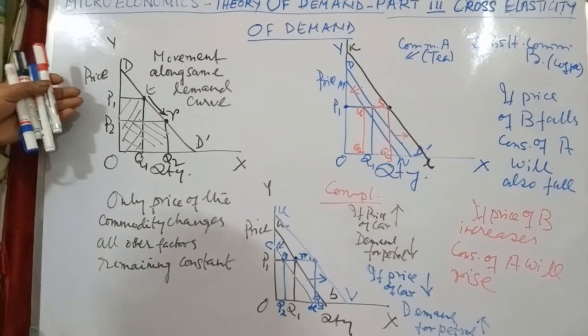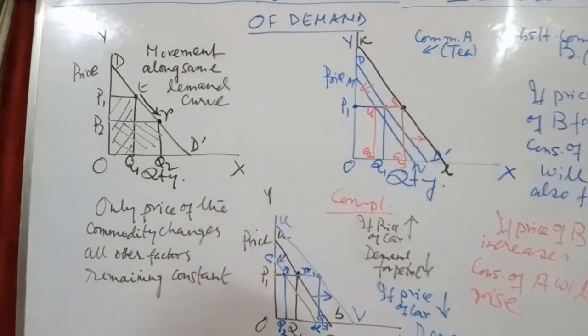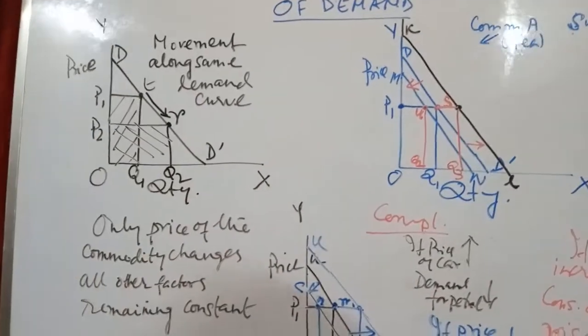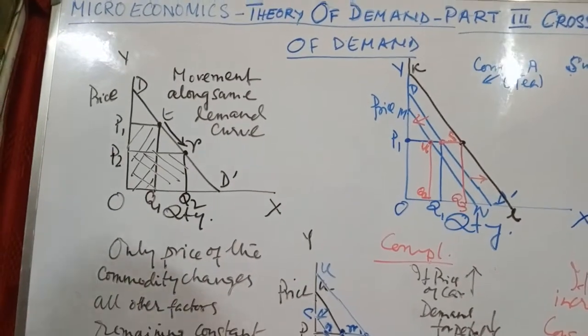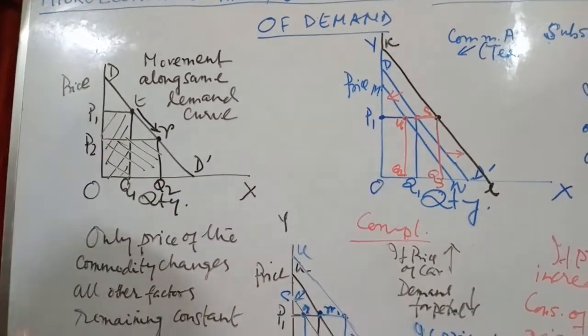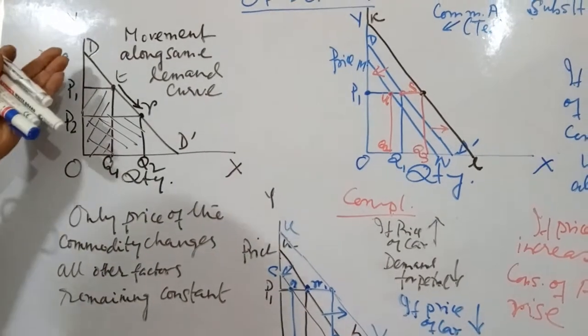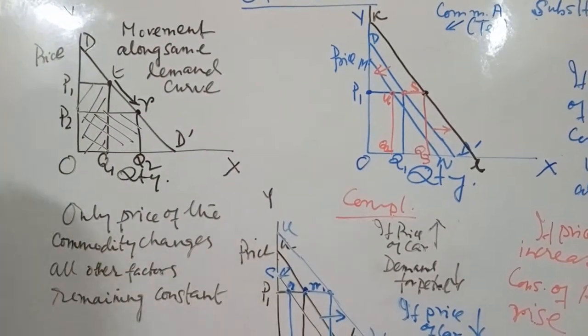When there is only change in price of the commodity, other factors remaining constant, then the consumer moves along the same indifference curve, moves along the same demand curve.